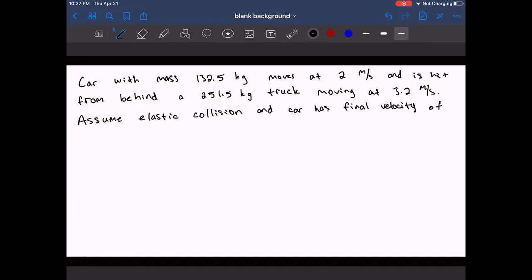What does that mean? That means, in words, initial kinetic energy is equal to the final kinetic energy. Perfect. Of the system, the initial kinetic energy of everything, not just one object, but the total system, everything in that picture.